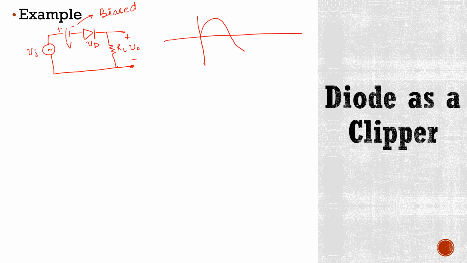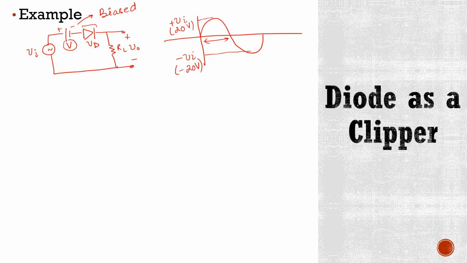Now if you have an input signal like this, where this is positive Vi input, suppose here it is 20 volts and this is negative Vi and it is minus 20 volts here. So how you are going to analyze this circuit? Again you will look at this diode, and you know that this direction of diode suggests that it will be on during this positive half cycle of input signal. But here this additional DC source is also connected, which will also affect this diode.